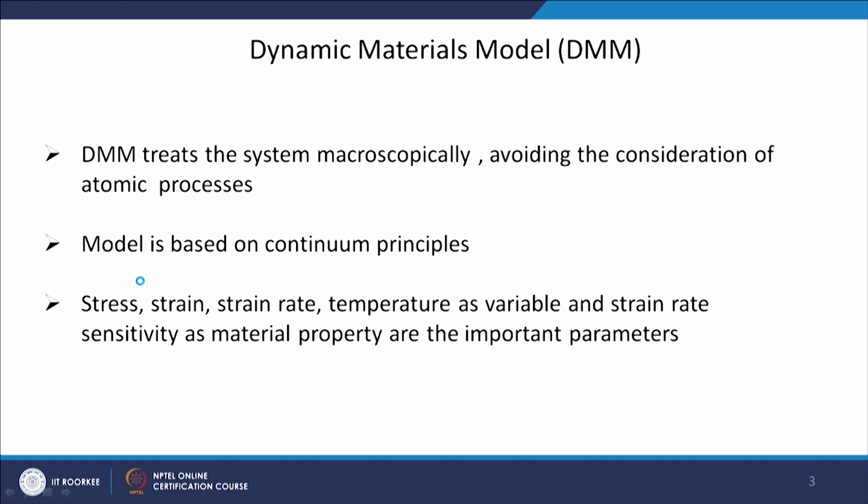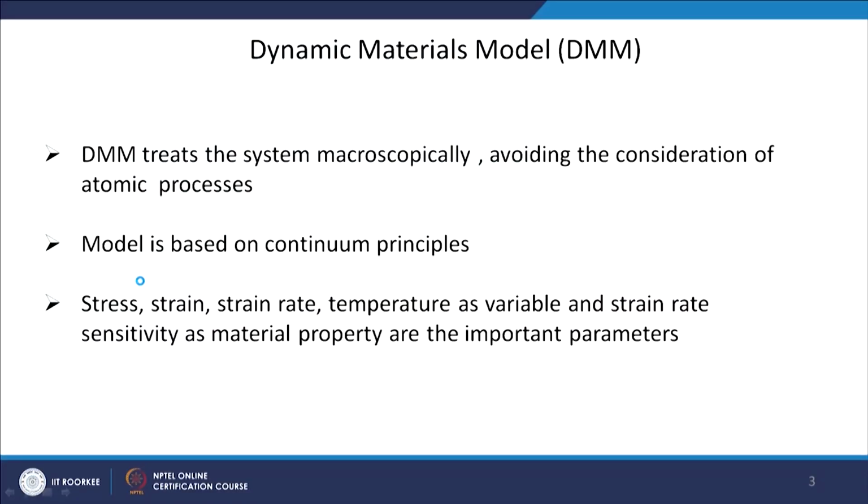Okay. So, what the dynamic materials model proposes is that it treats this system macroscopically. Earlier, in the deformation mechanism map, we were going into the actual atomic processes, and from there we were trying to delineate different regions for different processes. But now DMM treats this macroscopically, and atomic processes are not taken into consideration, so the material is treated as a continuum. We are not worried about what is going on inside.